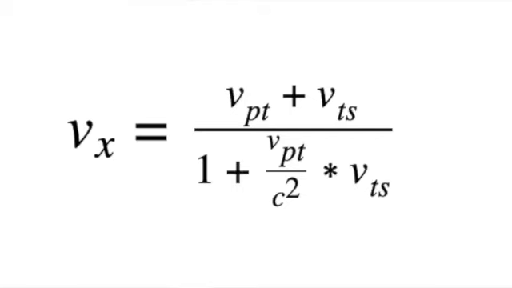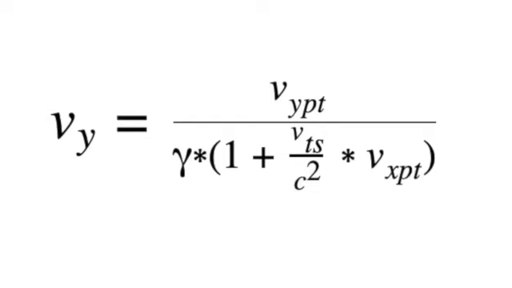And so if you want to know your speed relative to the station, you have to use this equation. It says that the velocity of the person relative to the station in the x direction is the velocity of the person relative to the train plus the train relative to the station, divided by 1 plus the velocity of the person to the train divided by c squared times the velocity of the train to the station.